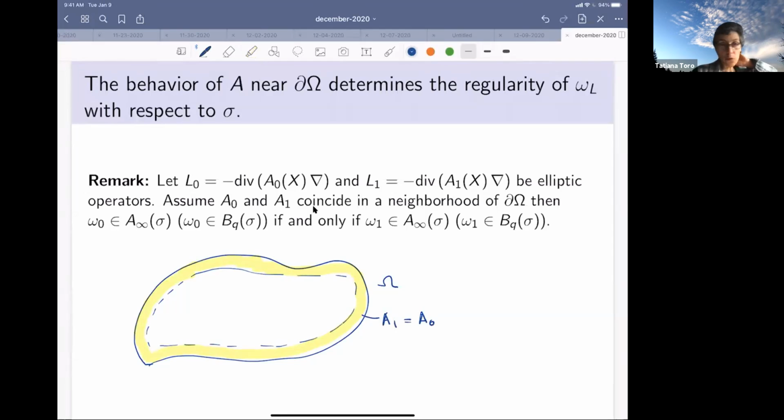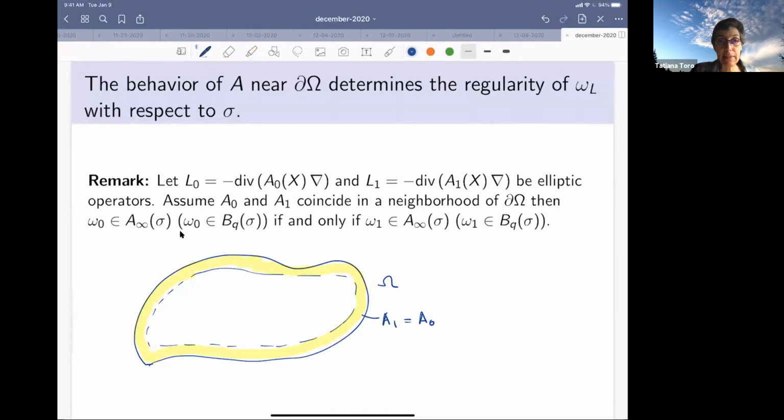Inside they are whatever, but near the boundary they coincide. What this tells us is that if omega 0 is an A infinity weight with respect to sigma, then omega 1 is also, and vice versa.